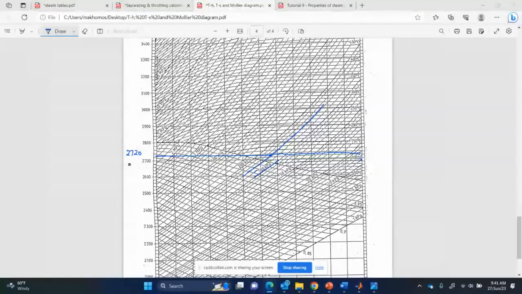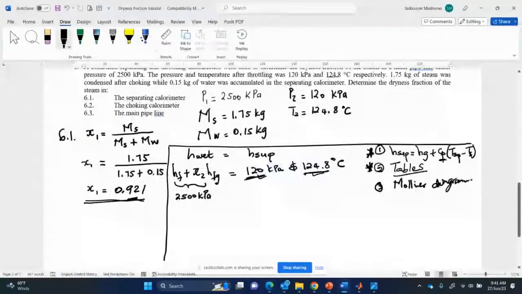And then you go back, and you say that h-sub-g here is 2720 kilojoules per kilogram.